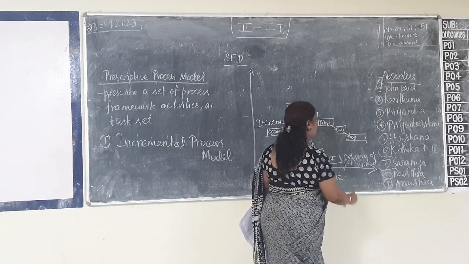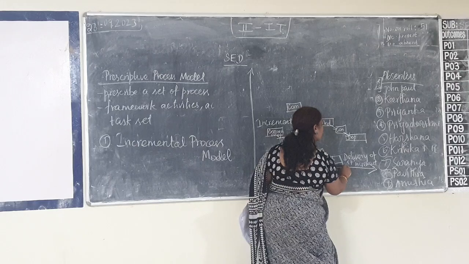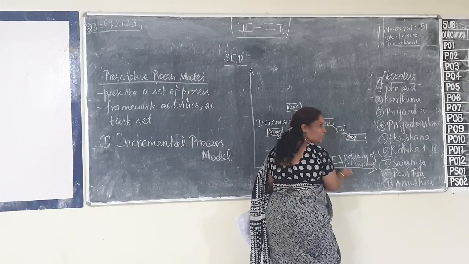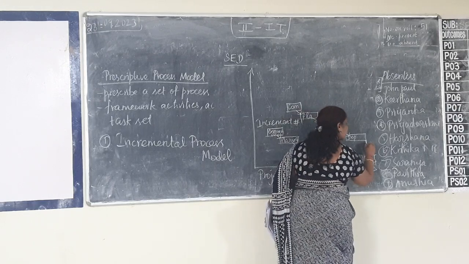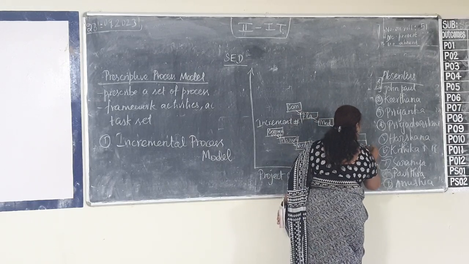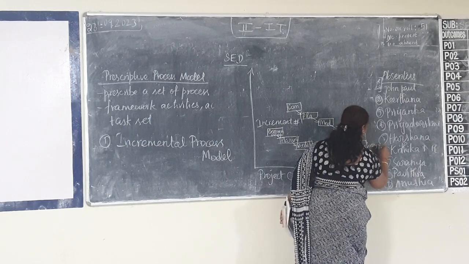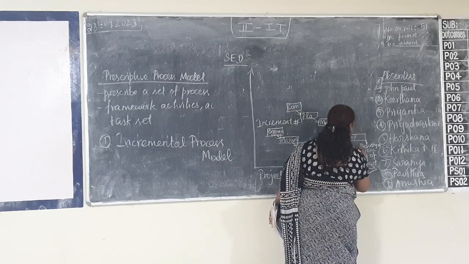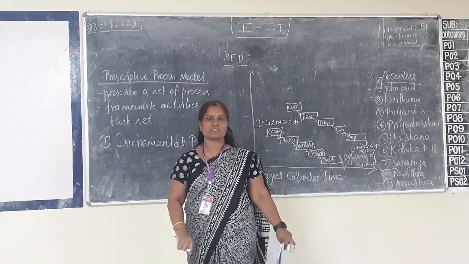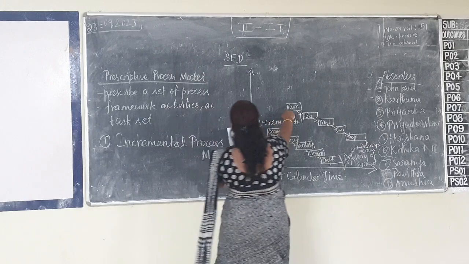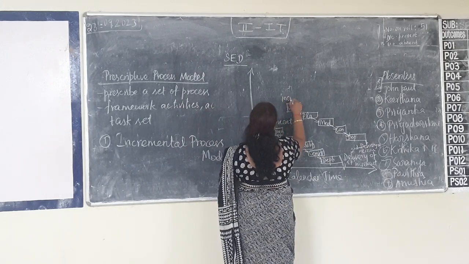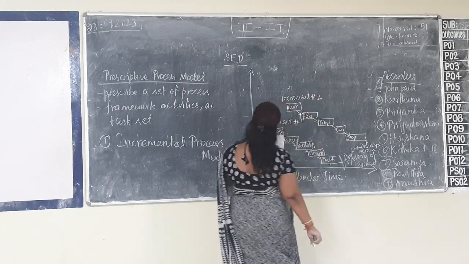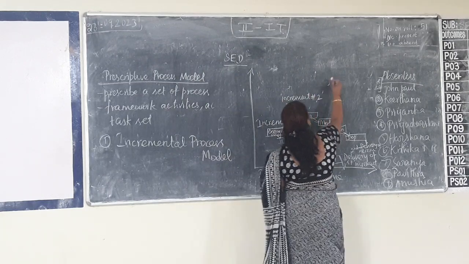Deployment is completing. See here, the first increment is completed over here. So delivery of increment is at this particular date, time, month, year, whatever it may be. And here delivery of second increment. Increment 2 started over here. So it goes like that.